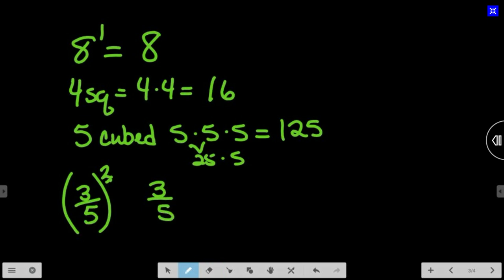Straight across. 3 times 3, 9, 5 times 5, 25. We are not going to do any of that cross multiplying, okay? Because that's about dividing, and exponents are about multiplying. There is no such thing as cross multiplying in multiplying.